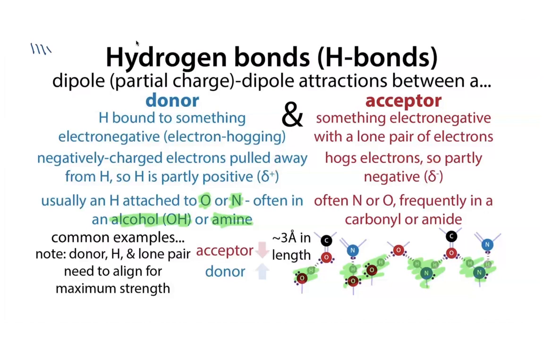And where can we find this? Well, we can find this typically on a nitrogen or an oxygen. So before we were talking about an oxygen or a nitrogen, but importantly, we were talking about the hydrogen that was attached to it. And now we're talking directly about that nitrogen or oxygen itself, and we're talking about the lone pair of electrons on it.